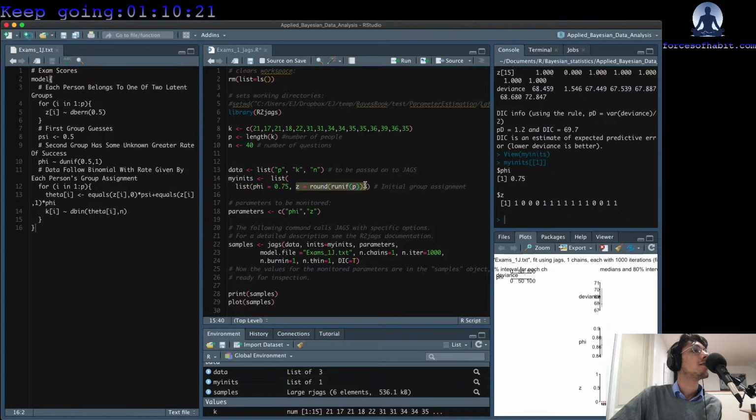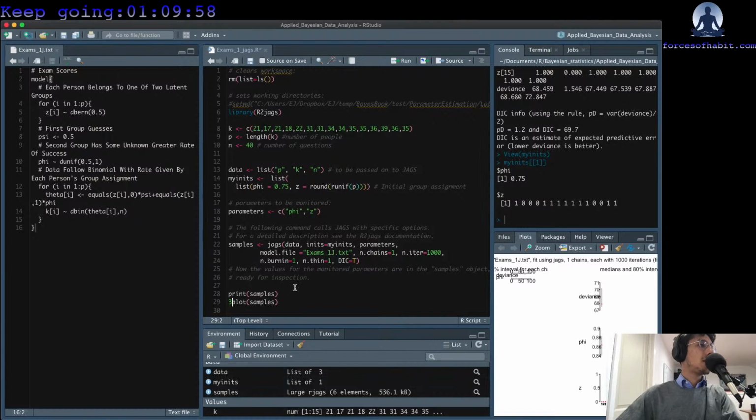So we set some initial value for that person, which is random 0 or 1, but that's just for our sampler. And we care about phi and Z. Then we sample here, and this gives us our samples.